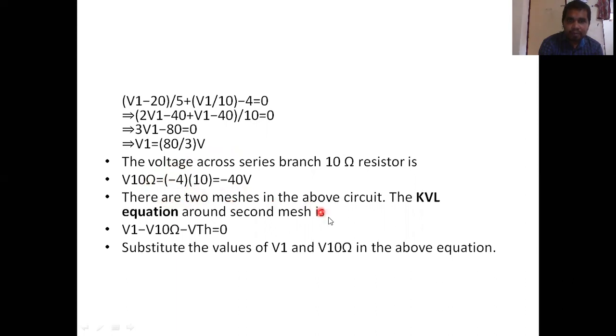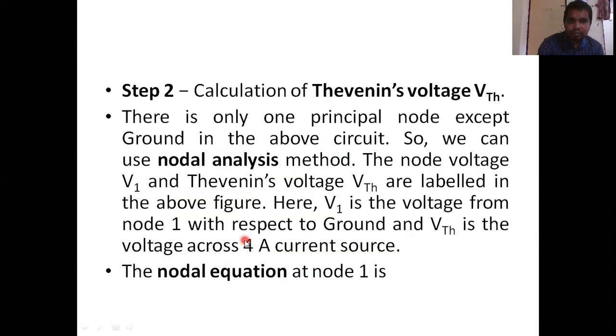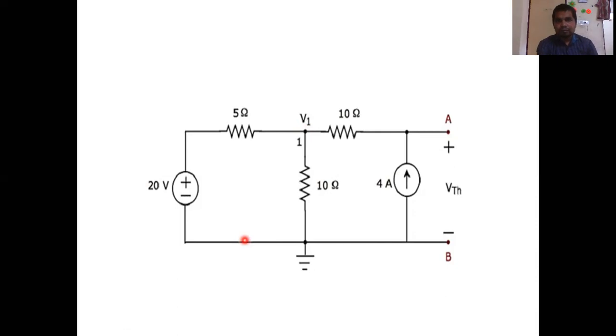There are two meshes in the above circuit. The KVL equation around the second mesh is V1 minus 10 ohm voltage minus VTH. Come here. Suppose I make a closed path here like this, you will have voltage V1 available here, the voltage here, and one voltage here, VTH.